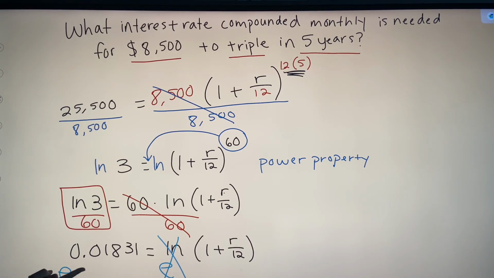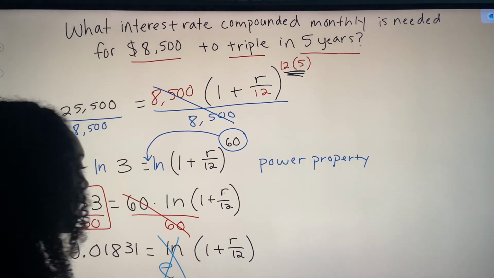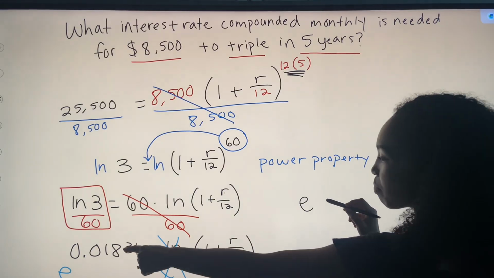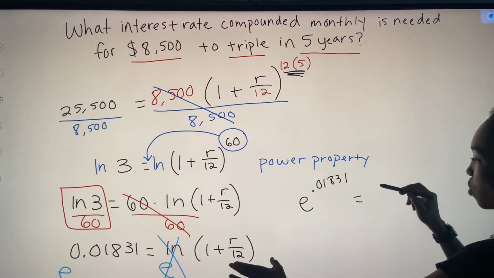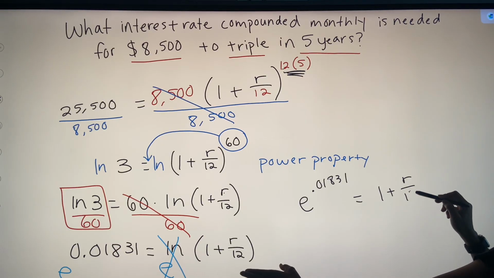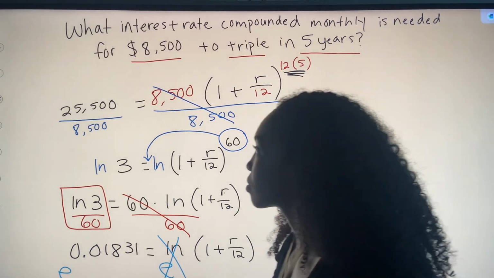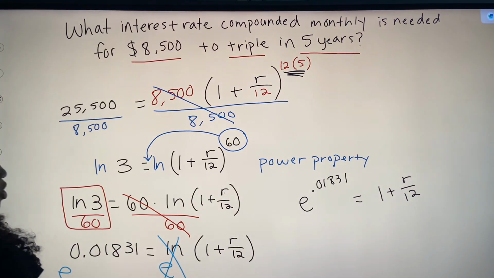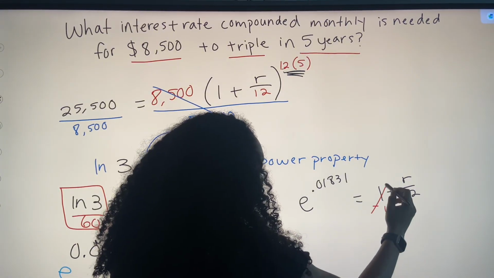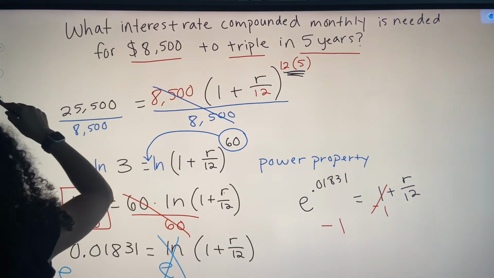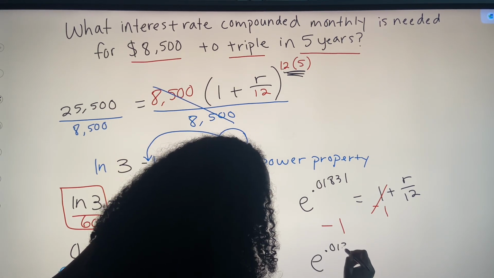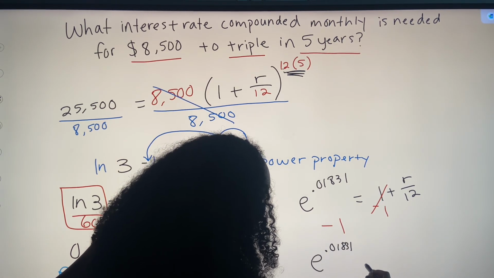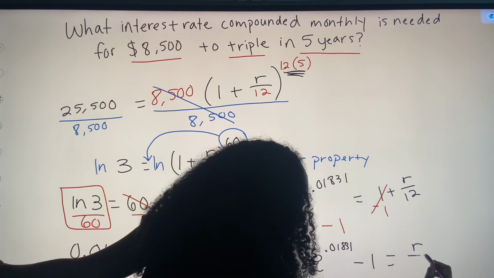So what I have now is e to the power of 0.01831 equals 1 plus r divided by 12. You can go ahead and subtract 1 from both sides so that you have e to the power of 0.01831 minus 1 equals r divided by 12.